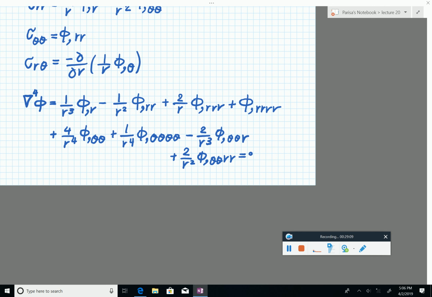But you still see that the maximum order of derivative is 4, and this is how it looks.